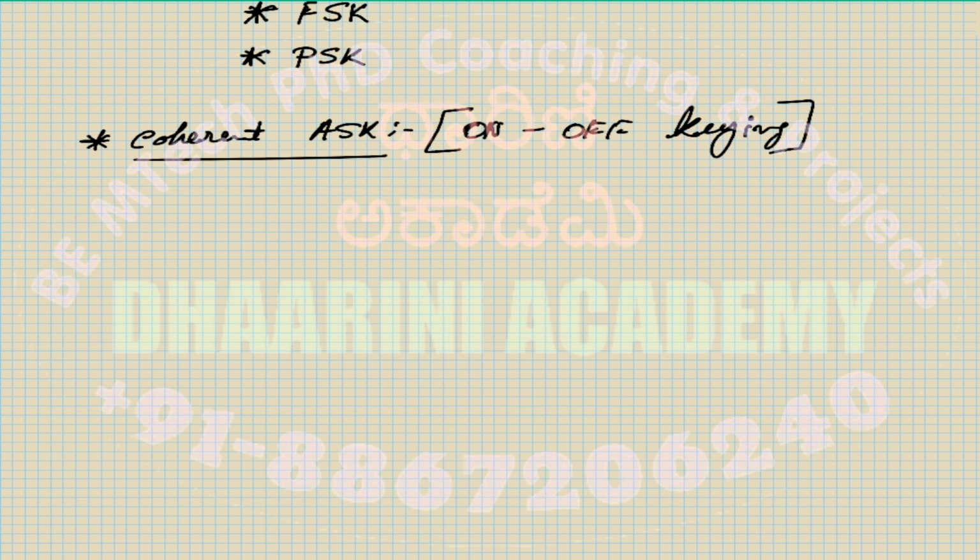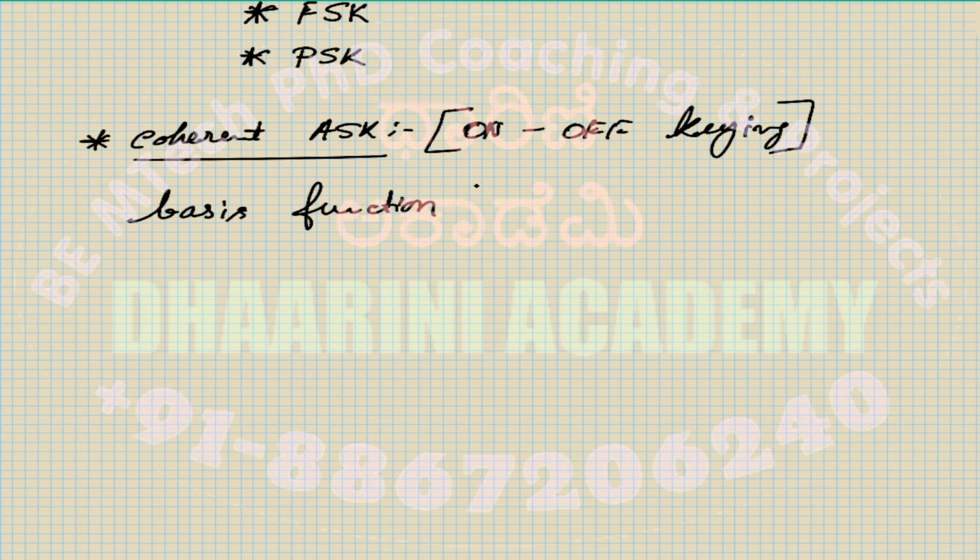For this reason we need a basis function for ASK. Since you have only two amplitudes and one of the amplitudes being 0, you require a single basis function. So only one basis function is required for ASK. That's something like an advantage of ASK. If you're using ASK, what could be the advantage? You need only one basis function.